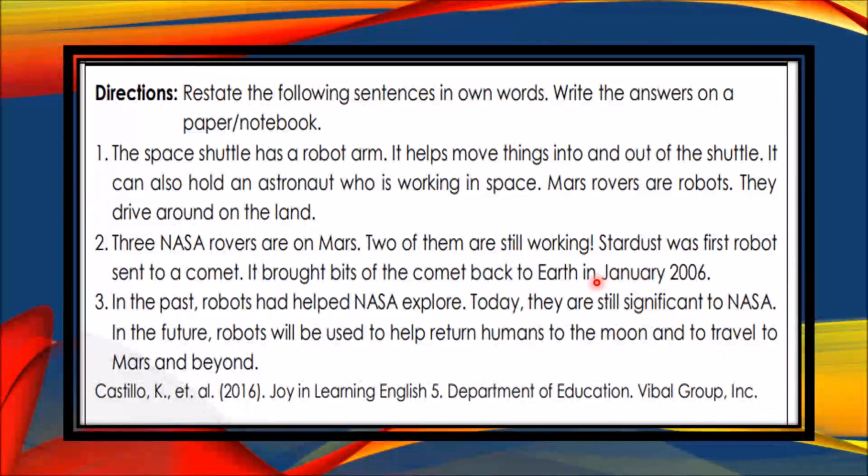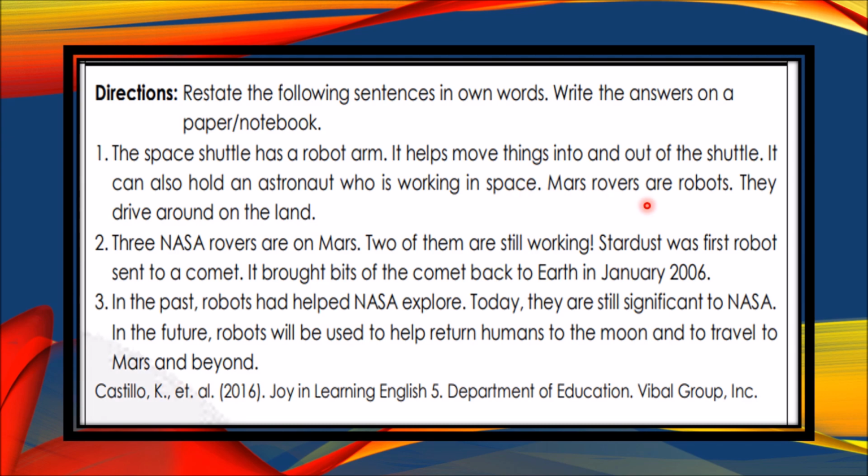Okay, here we have exercises. Restate the following sentences in your own words. Write the answers on a paper or in your notebook. First one: The space shuttle has a robot arm. It helps move things into and out of the shuttle. It can also hold an astronaut who is working in space.